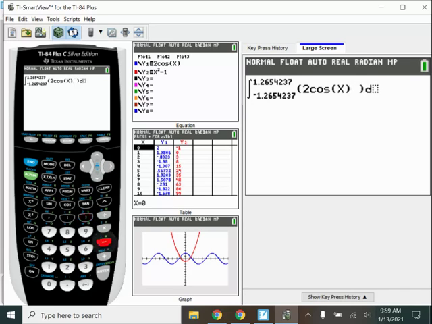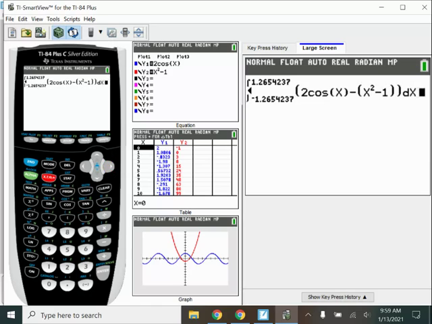But then I'm subtracting, and I need to open up a parenthesis because the term that I'm subtracting has more than one term in it. So unless you want to distribute the minus, you do need to make sure that you say, okay, I am subtracting the entire quantity of x squared minus 1. And then, of course, my variable of integration is going to be x.